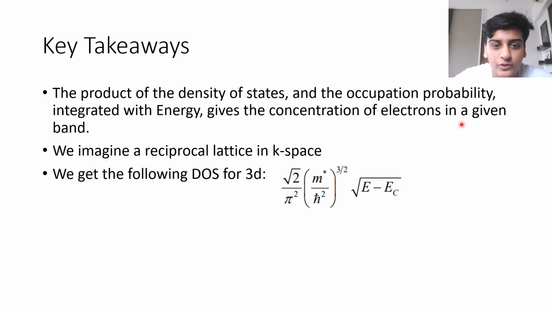Secondly, while doing the calculation of density of states, we imagined a reciprocal lattice in K space rather than imagining geometry in real space where you have X, Y, and Z. You can just as easily imagine a geometry in the space of some other variable like K space, which is what we did in this question.